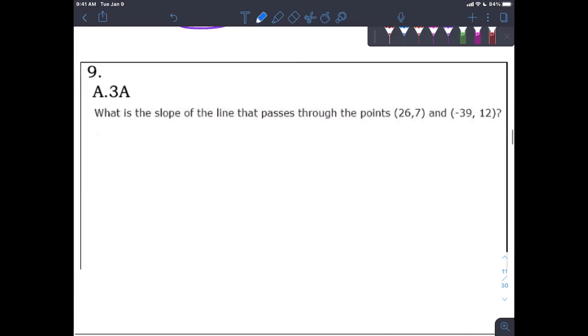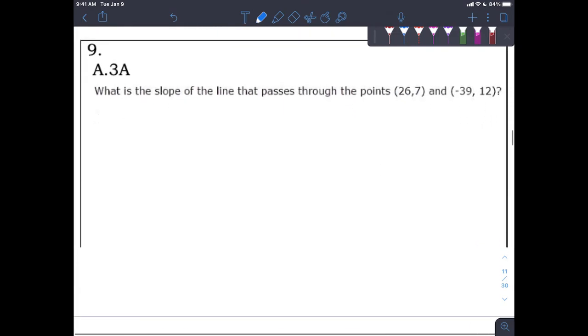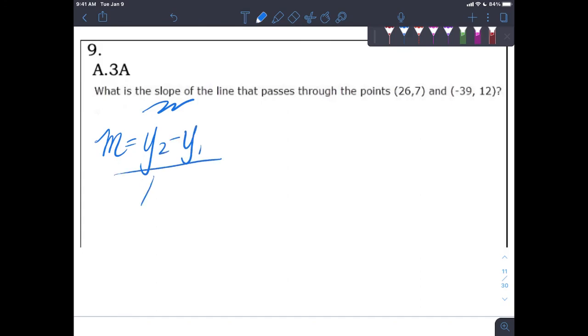All right. So here again, they're asking us about slope. So I'm going to write down that formula. I always start out by putting in these negatives.